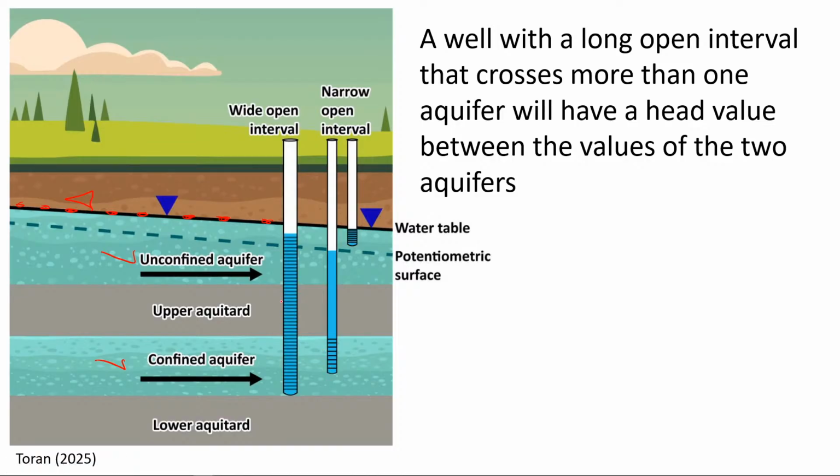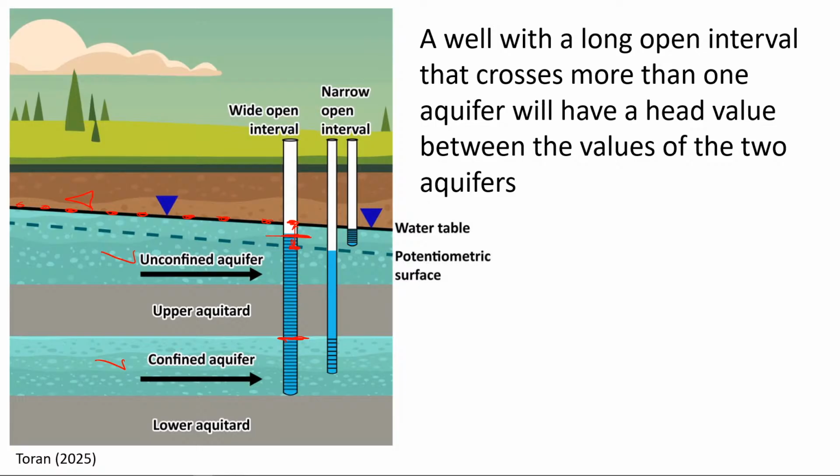What you are measuring here will have a head value between the head values you would get from your unconfined aquifer, which should be somewhere here, and the head values from your confined aquifer, which is somewhere here, so you get some value in between.